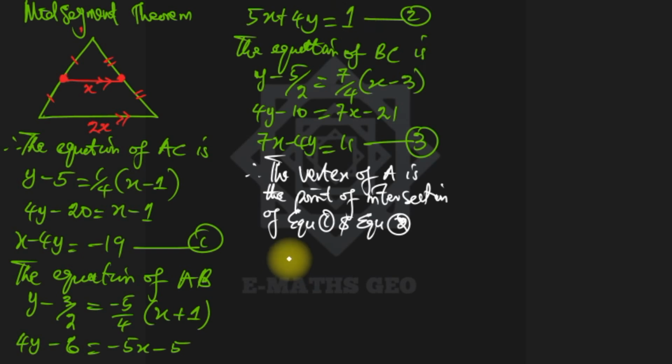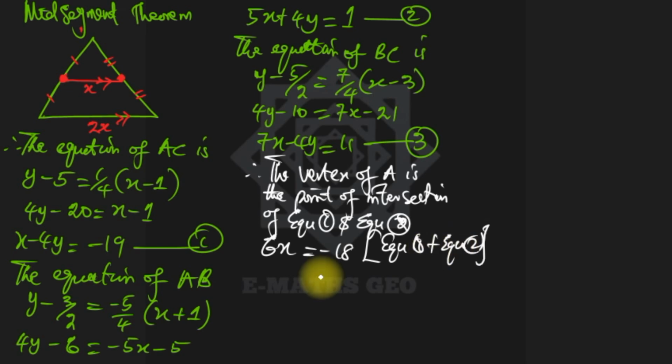By elimination, we can eliminate y by adding. Adding equation 1 and equation 2, we have 6x equal to minus 18, which implies that x is minus 3. We added equations 1 and 2 so that we can get x by eliminating y.